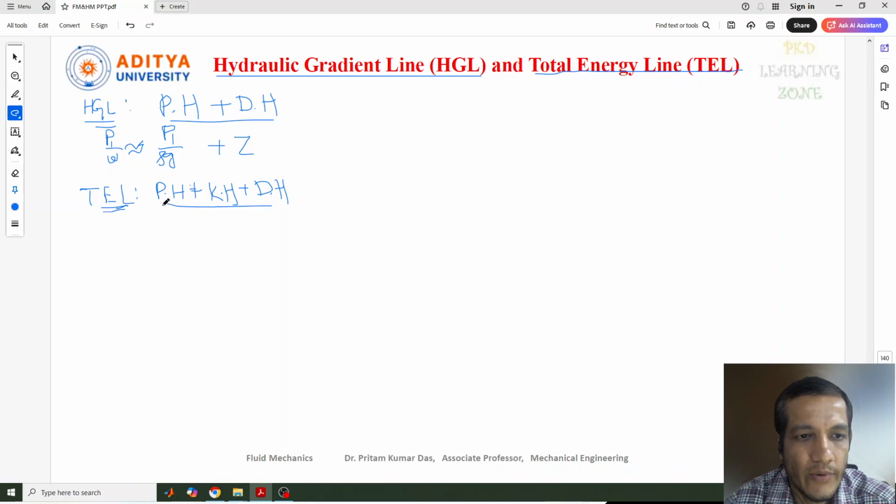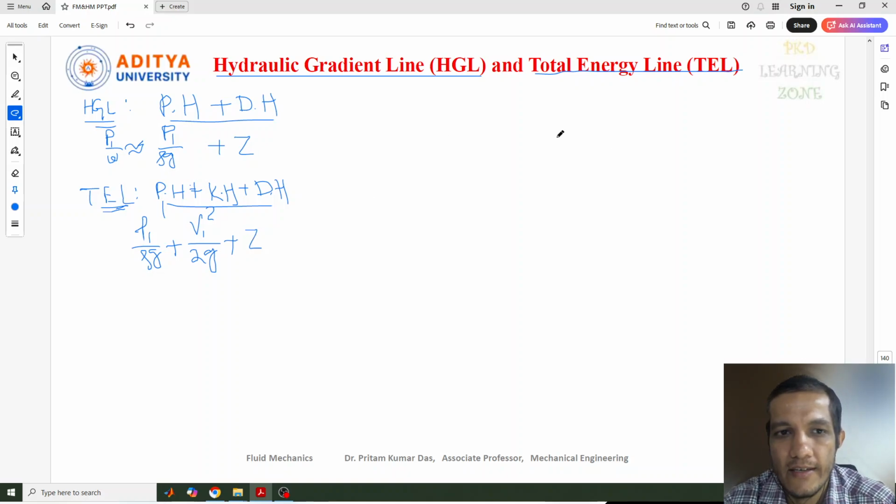Similarly, here we can write P1 by rho g, and kinetic head is related to kinetic energy, half mv square, or you can write v1 square by 2g, plus the datum head. As I told you, datum head is the height of the fluid from a reference line, that is Z.